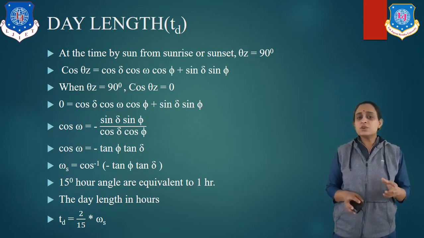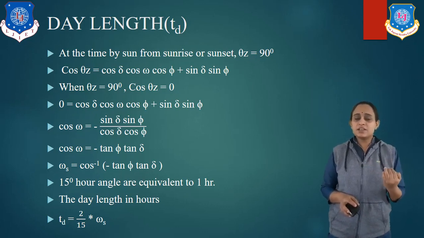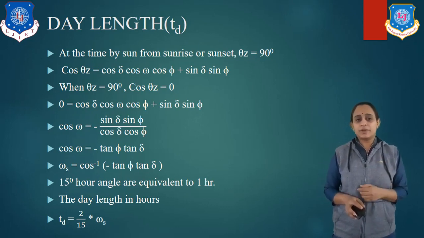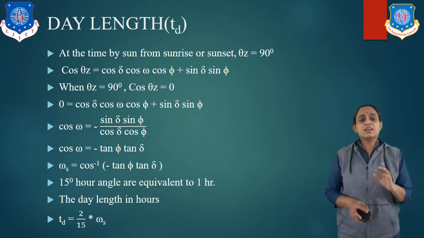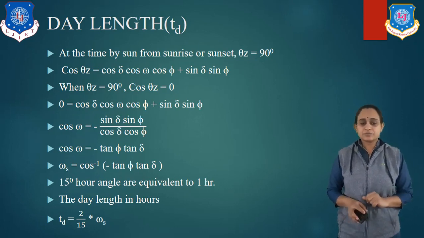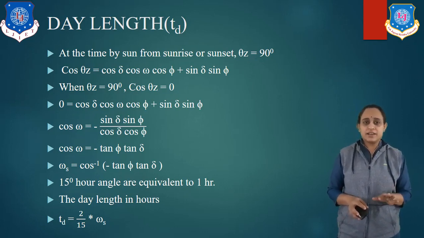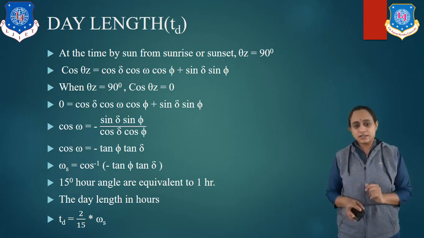Now, because we need to find out the day length, let us make cos omega the subject. So finally we will get cos omega is equal to minus sin delta sin phi upon cos delta cos phi. So here we can write cos omega is equal to minus tan phi into tan delta.